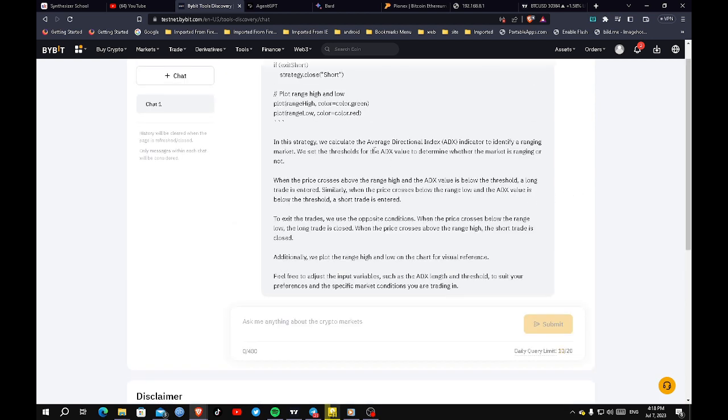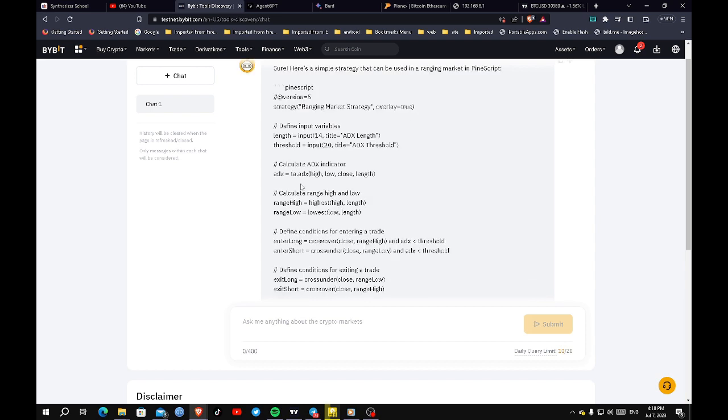So it says here to use the average directional index indicator to identify the ranging market. Then they set the threshold for the ADX value to determine whether the market is ranging or not. So when the price crosses above the range high and the ADX value is below the threshold, okay, let's just get straight to testing the strategy.